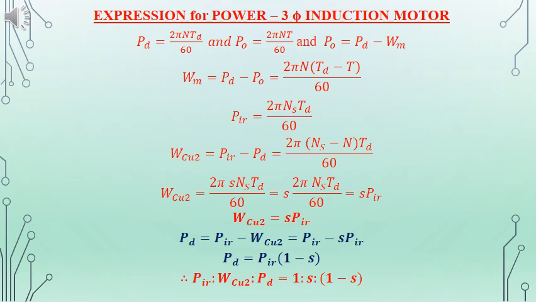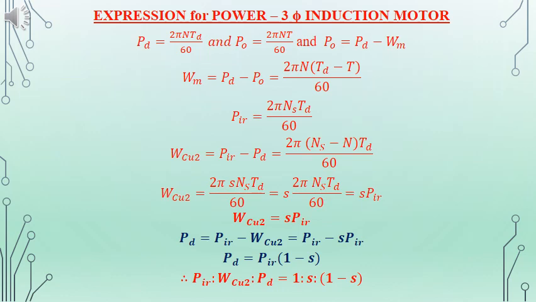When we rewrite with the equations of PIR and PD, we get the rotor side copper loss as 2 pi into (ns minus n) divided by 60 into TD, and ns minus n is equal to S ns. So WCU2 is equal to S into 2 pi ns TD divided by 60, that is equal to S into PIR. So the secondary side copper loss is equal to S into air gap power.